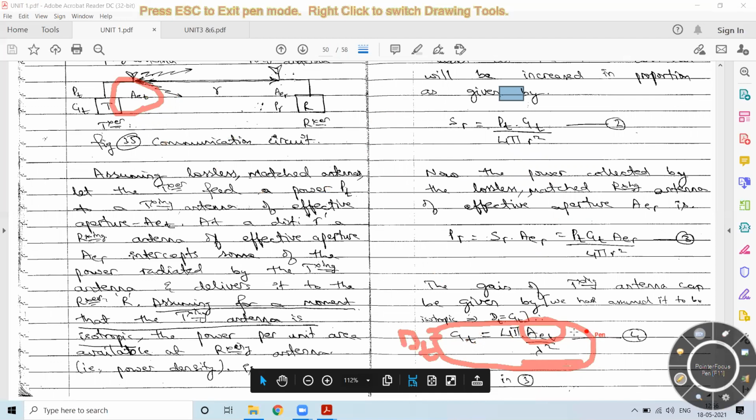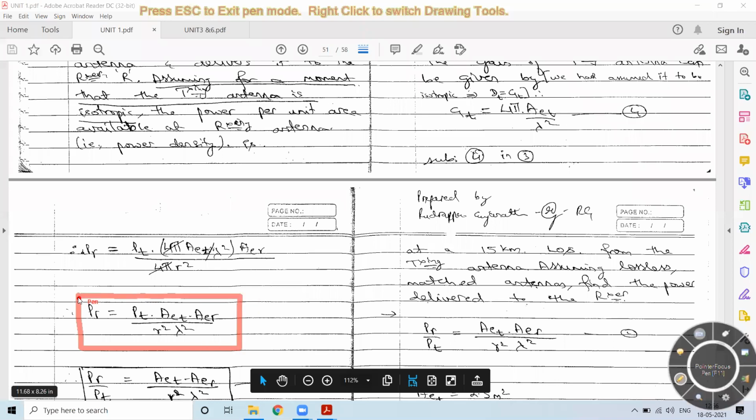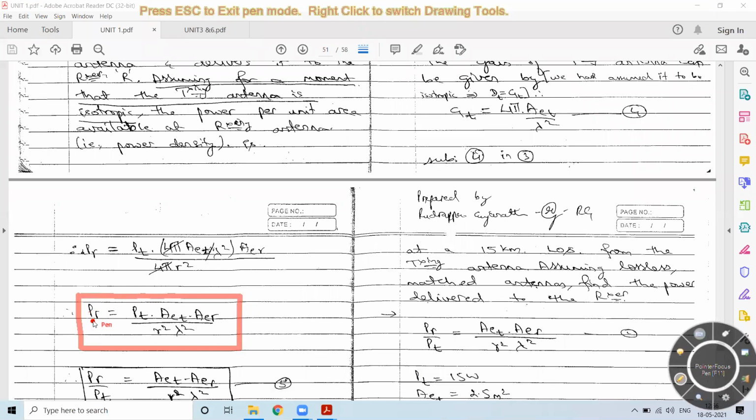Now we substitute this equation in equation 3. Once we simplify this, it gives PR is equal to PT into the effective aperture of the transmitting antenna into the effective aperture of the receiving antenna divided by R square into lambda square.